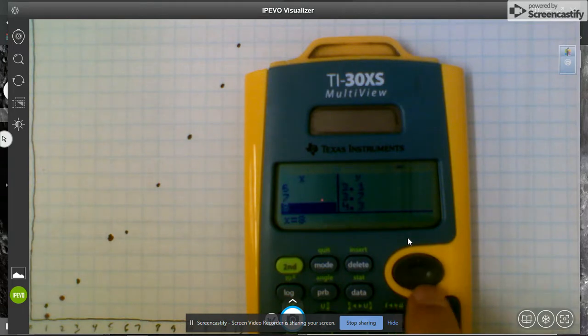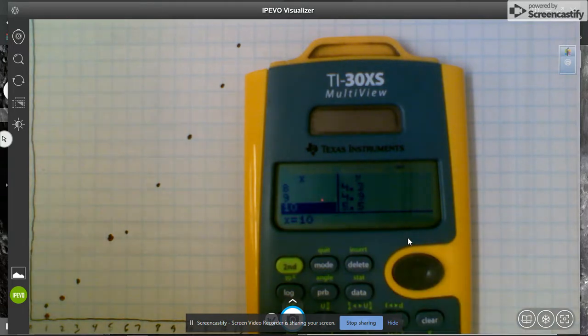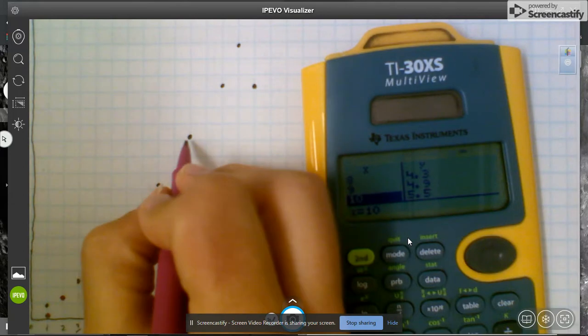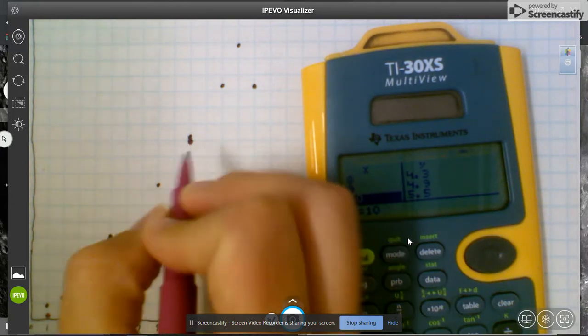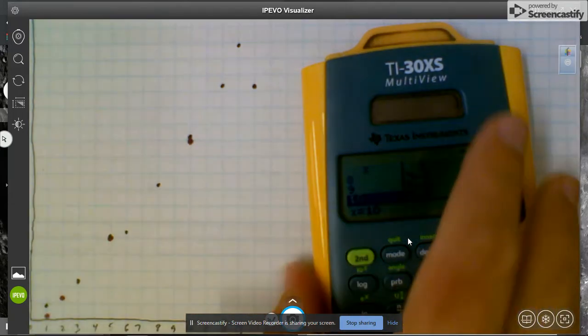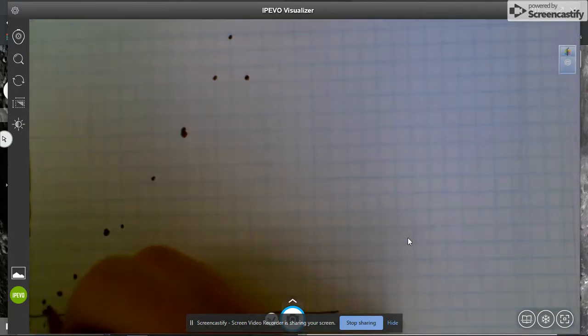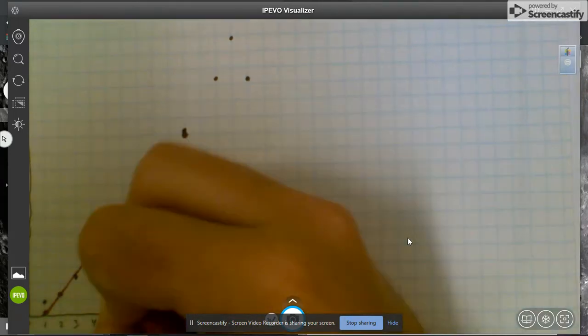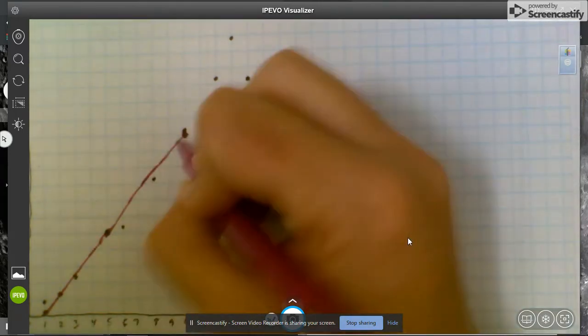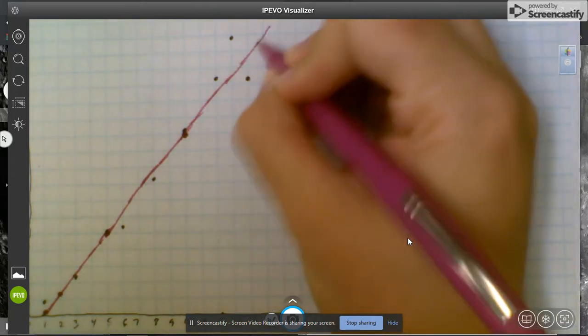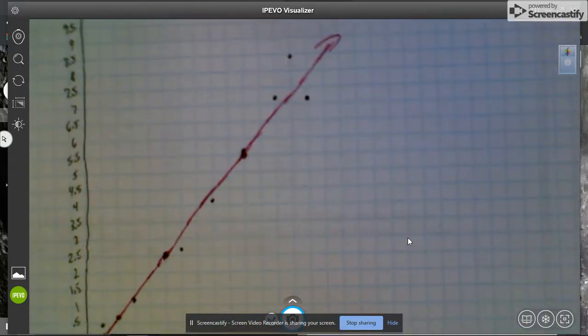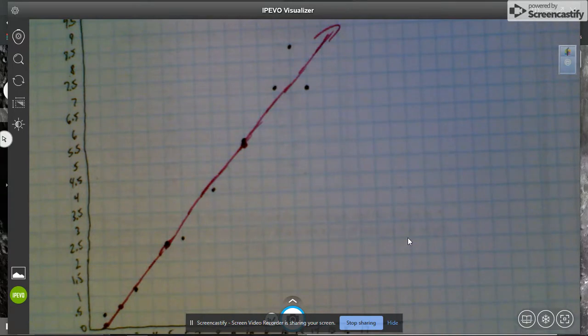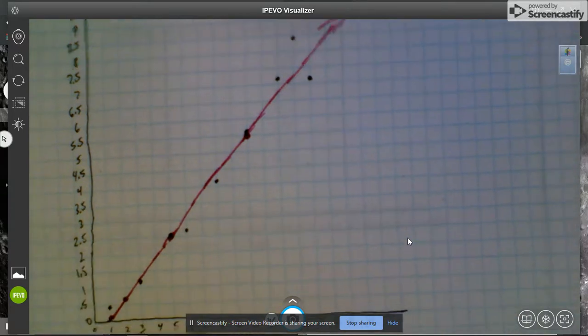And then we'll do 10, which is 5.5. And what I'm hoping you're going to see is that, for the most part, this is indeed a pretty good representation of the data. And the reason is that it goes right through the middle of all the data points. Okay. If it did not go through the middle of data points, then it would not be a good representation.